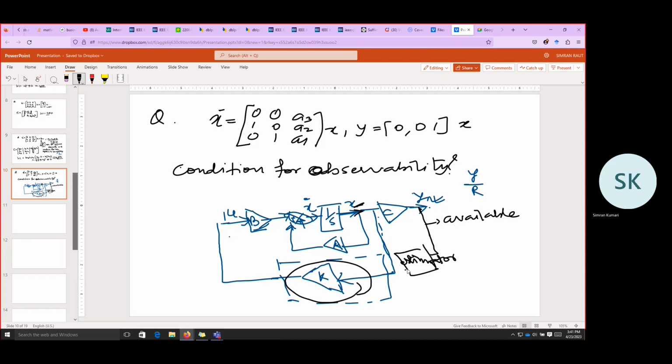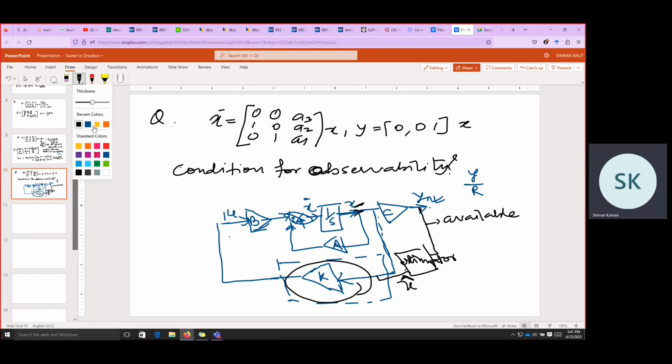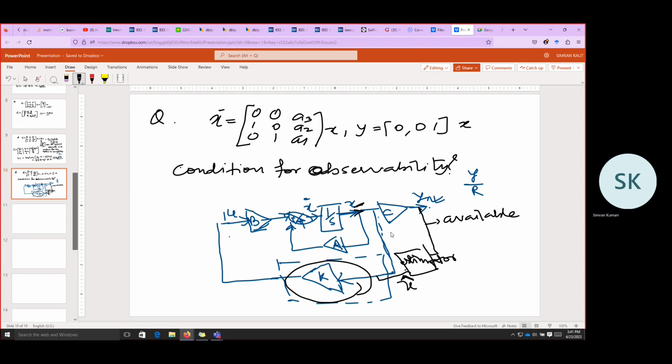It gives x cap, and some property has to be satisfied so that this overall system works fine. In that case, this loop is not available.